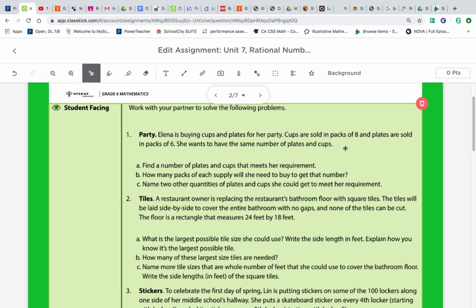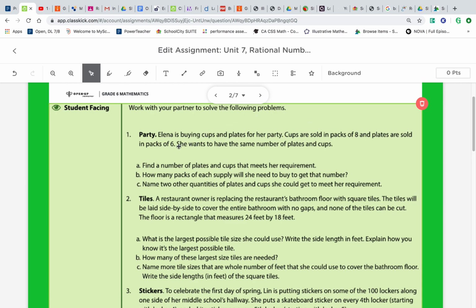So the idea is, what's a common multiple of 8 and 6? What's some number that we can get if we multiply 8 times something and 6 times something? Well, it says find a number of plates and cups that meets your requirement. So that means it's a common multiple. And so if you think about 8 times 3, that gives us 24.